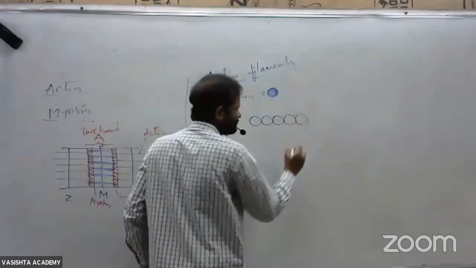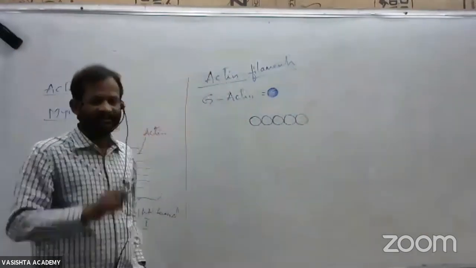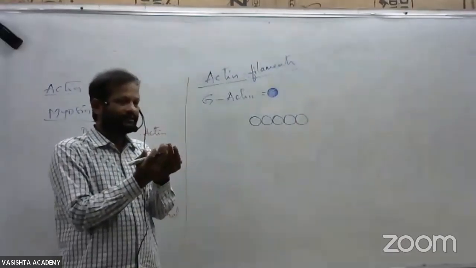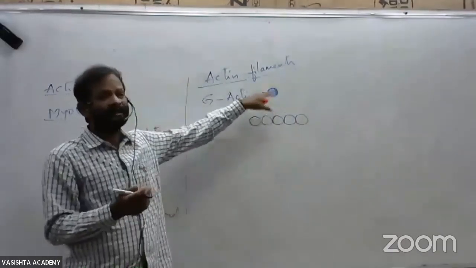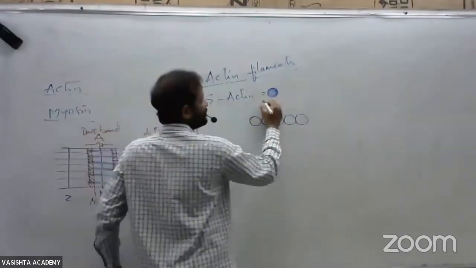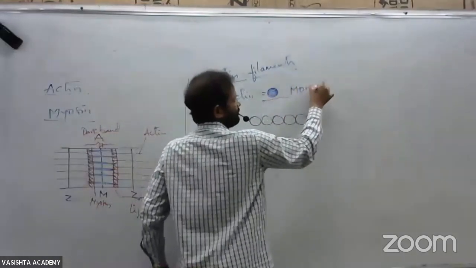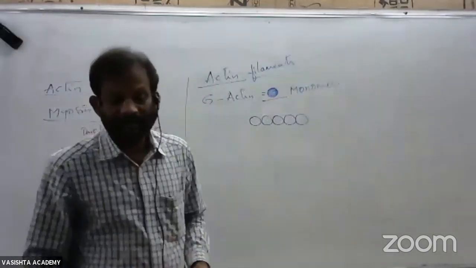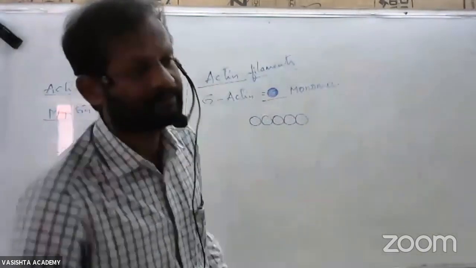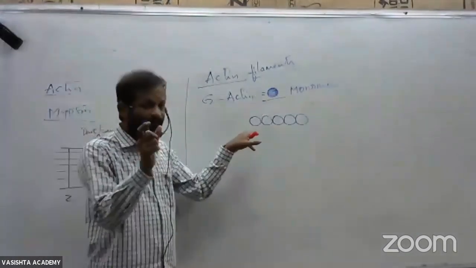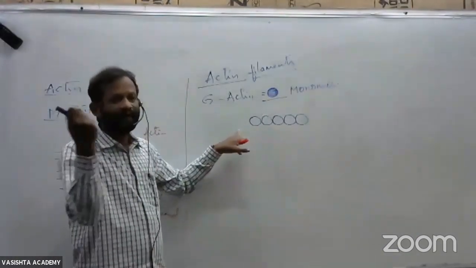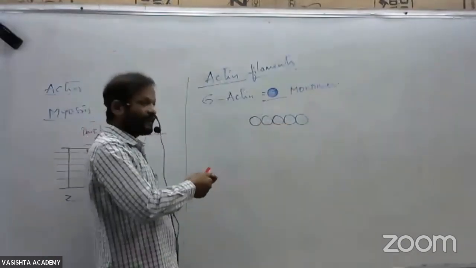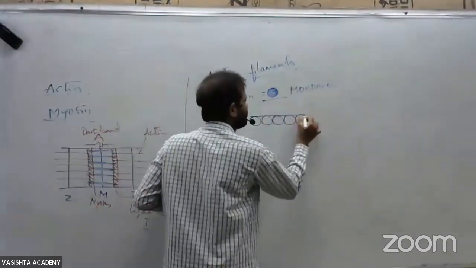So here in this diagram, I am showing 5 G-actins, because of the attachment of 5 monomers. What is the meaning of monomer? Single unit. Like that, here 5 units are attached to form one cylindrical structure. So if you see from a distance, this appears like a filament.